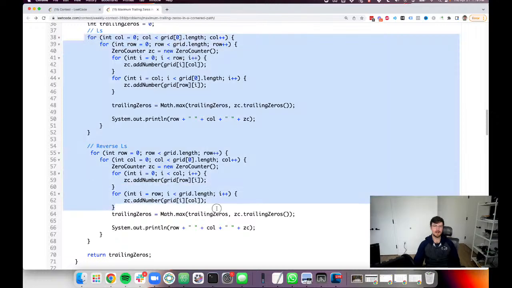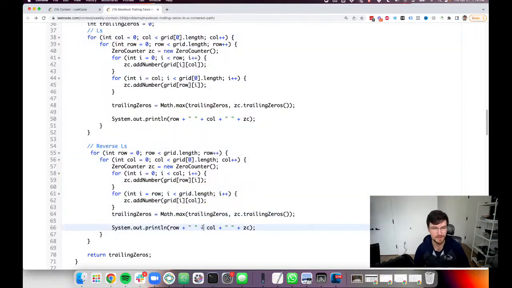We can copy this 4 more times or 2 more times to do the other variations, but then it becomes, okay, do we really want to write the code 4 different times? Can we optimize it a little bit more?